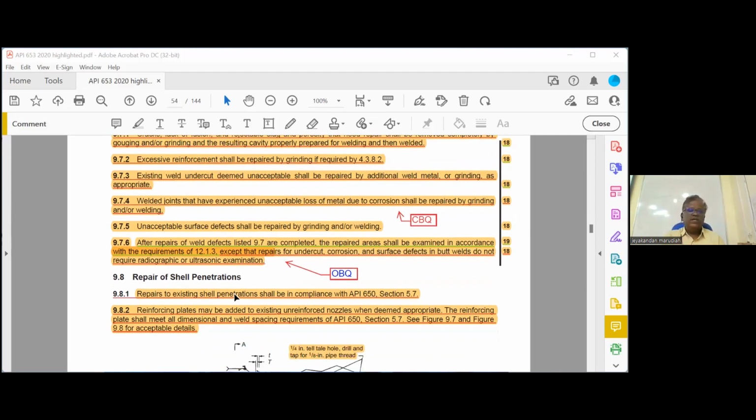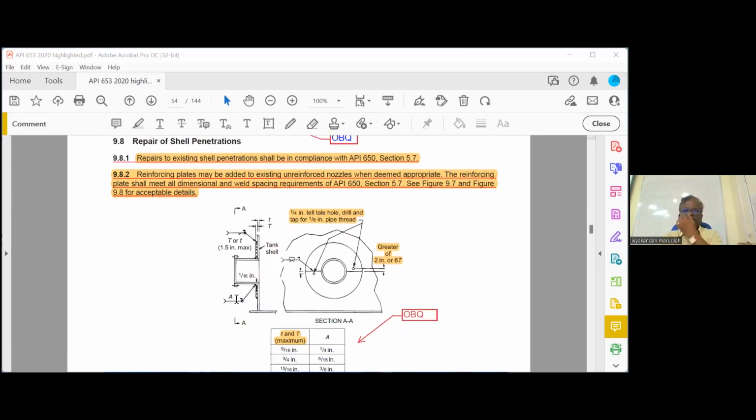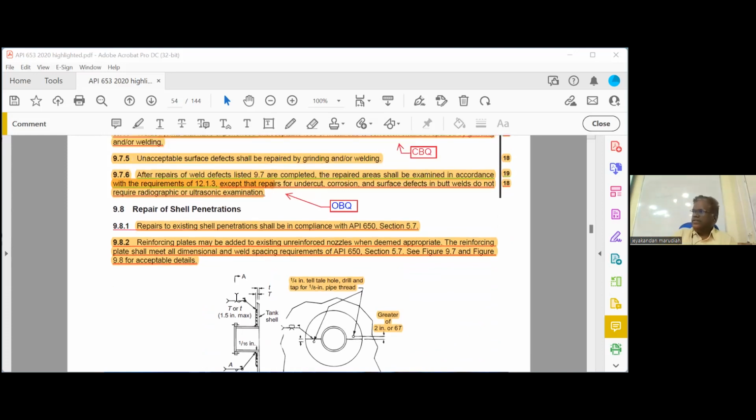Now we will go to the repair to shell penetration. Shell weld has been cut and rewelded. Then, is a hydro test required or not? See, if you are welding a shell repair of more than 12 inch, it is considered a major repair.